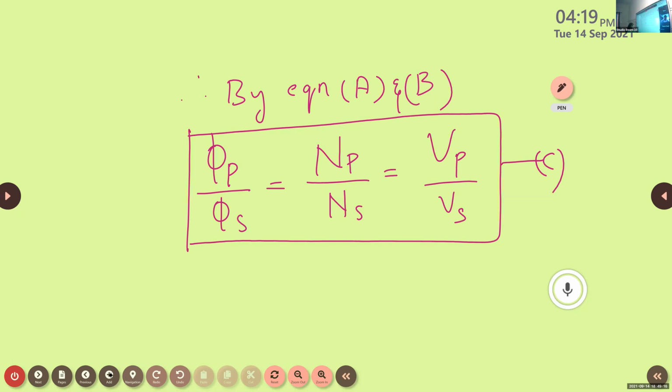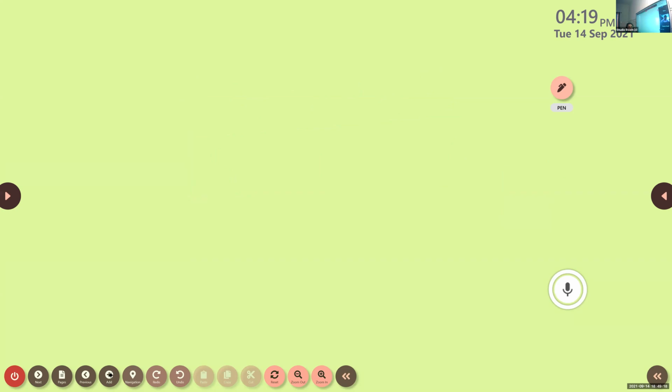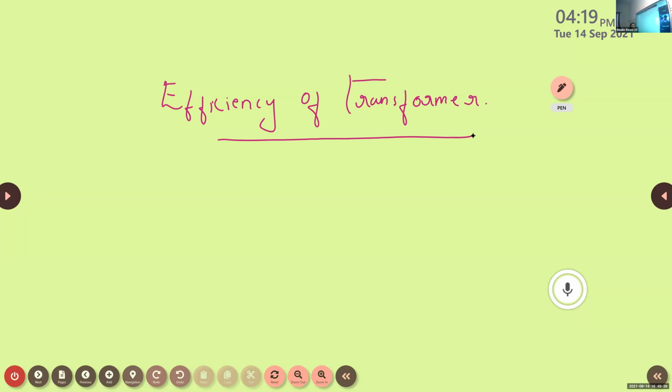Now the next heading, efficiency of transformer.